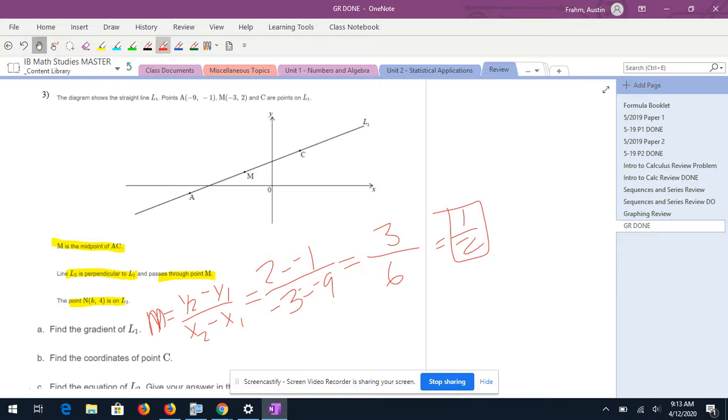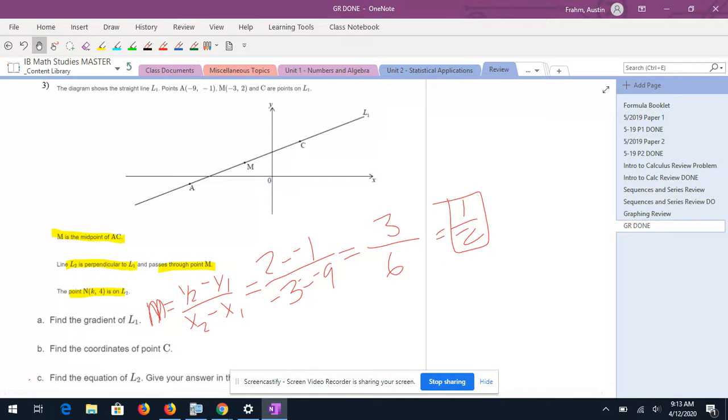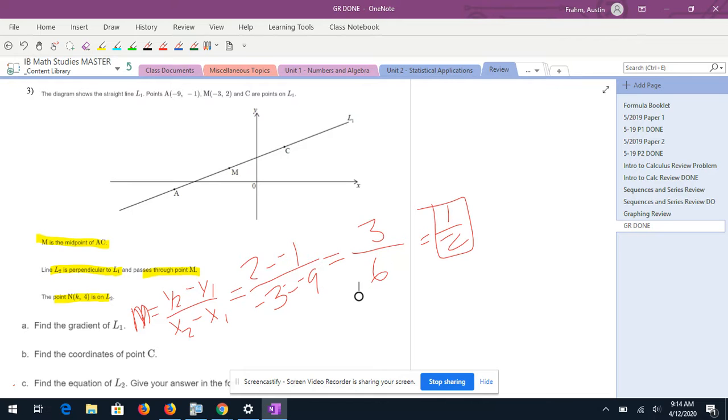Finding the coordinates of point C, okay, a little bit more challenging. We need to use some of the information they tell us in order to do this. We know that M is the midpoint of AC.